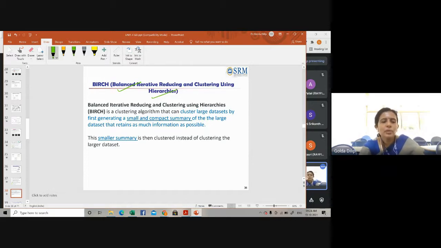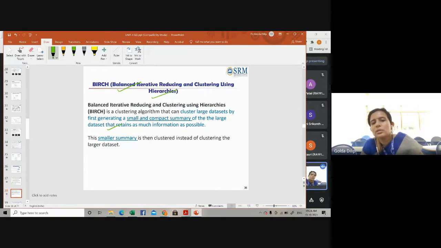You can see in the PPT, Balanced Iterative Reducing and Clustering using Hierarchies is a clustering algorithm that can cluster large data sets by first generating a small and compact summary of the large data set that retains as much information as possible.